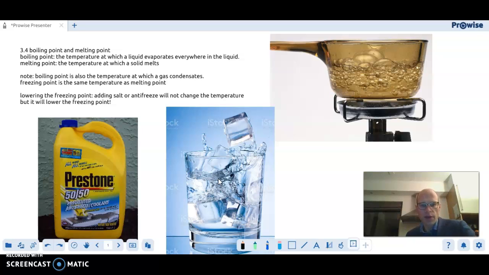And another thing we use with melting point and boiling point in a daily application is the antifreeze, or salt on the road.